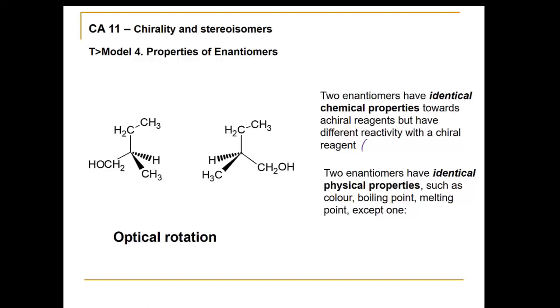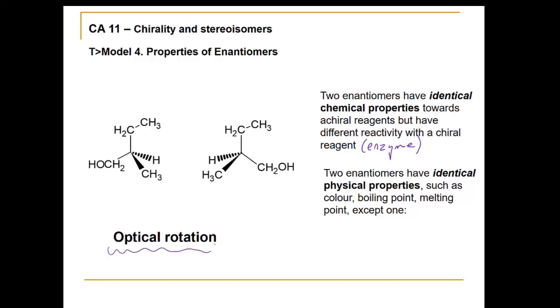A good example of a chiral reagent would be an enzyme. As it turns out, two enantiomers have essentially identical physical properties. So they're going to have the same color, boiling point, melting point, but there's one physical property that is unique. And that's what's referred to as the optical rotation.